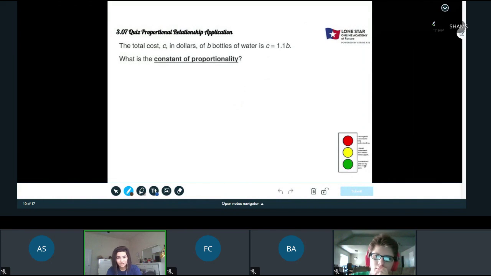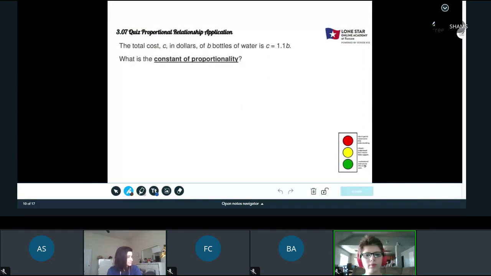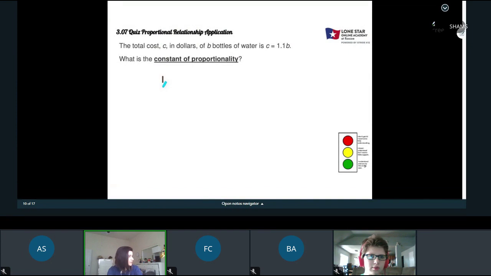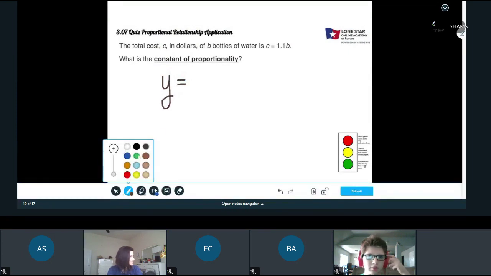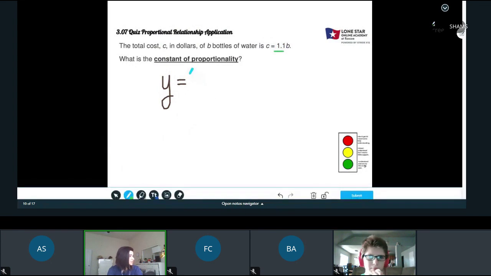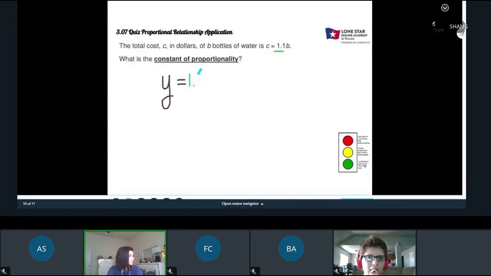See if you can tell me the constant of proportionality from the given equation. 1.1. Here, go. Absolutely. So if I'm writing this equation, y equals the constant of proportionality times x, the number given to me here for the constant of proportionality is 1.1.